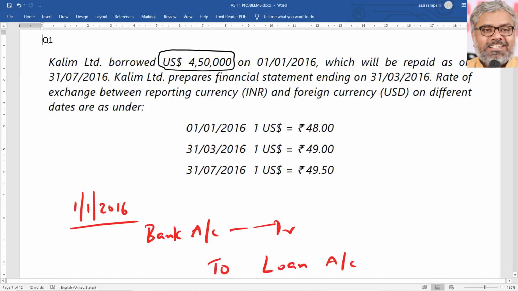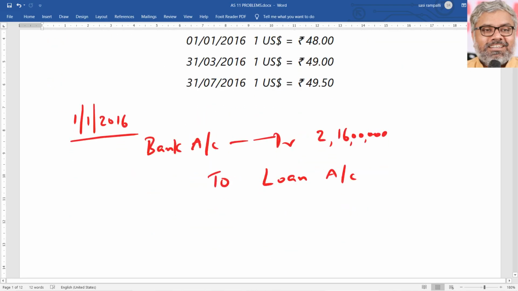So that is the entry. But the question is the amount. $450,000 multiplied by 48 rupees. That means how much? 2 crores 16 lakhs rupees. The amount in dollars was 4,50,000, but the amount in rupees is 2 crores 16 lakhs.